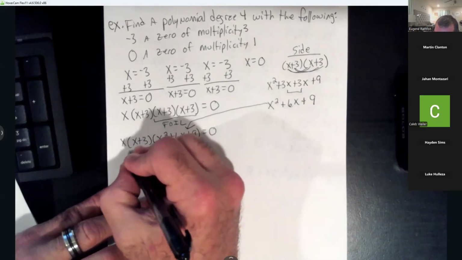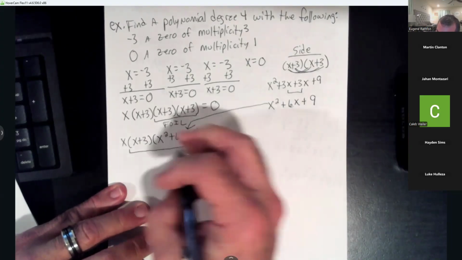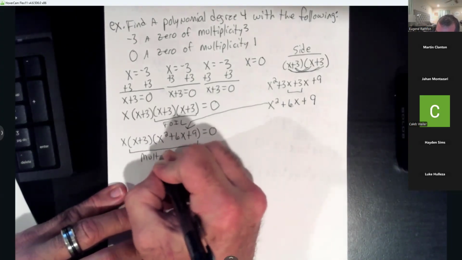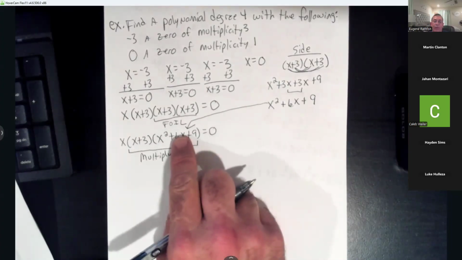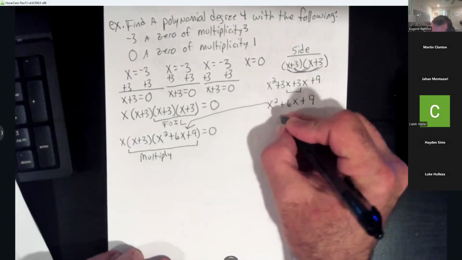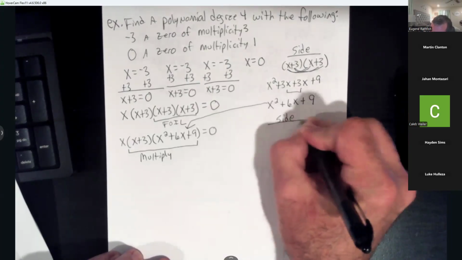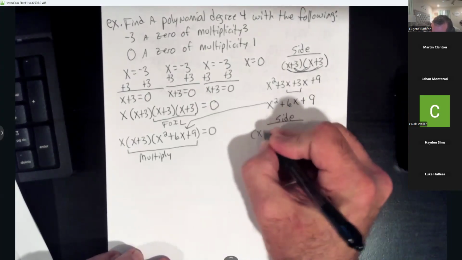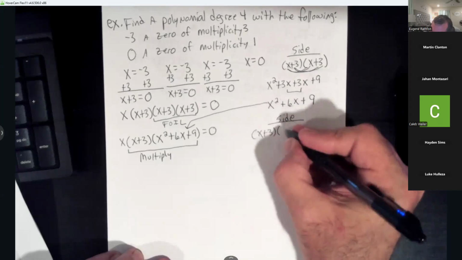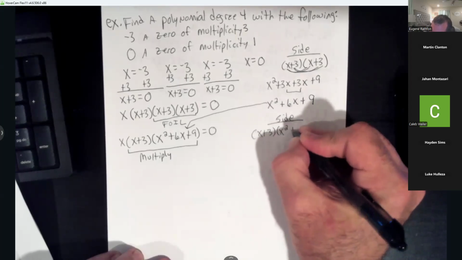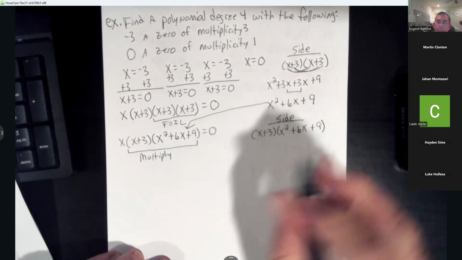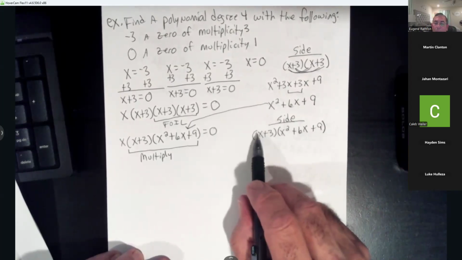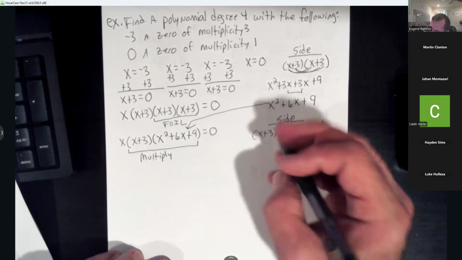All right, so next, I'm going to multiply this. So I'm really not FOILing it because I've got two things and 3, okay? So I'm just going to multiply them on the side here. X plus 3 times x squared plus 6x plus 9. All right, y'all, so here we go. Multiply the x by all three of these.